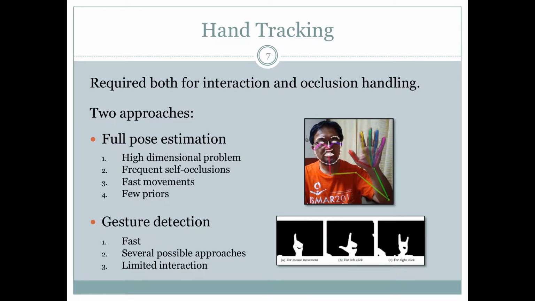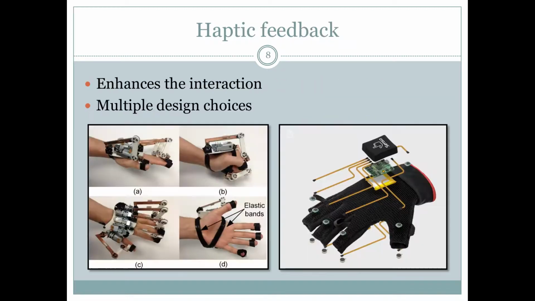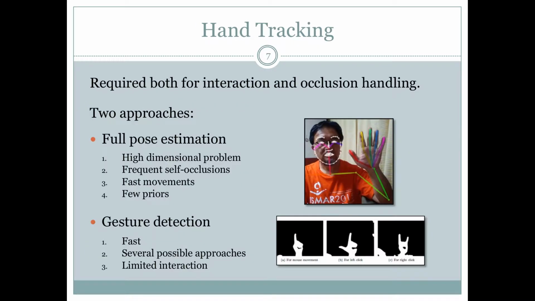On the other hand, gesture detection is faster. There are several different approaches that can be implemented to obtain these kinds of results, for example skin segmentation, color approaches, or depth-based approaches, and usually they are very fast to compute.